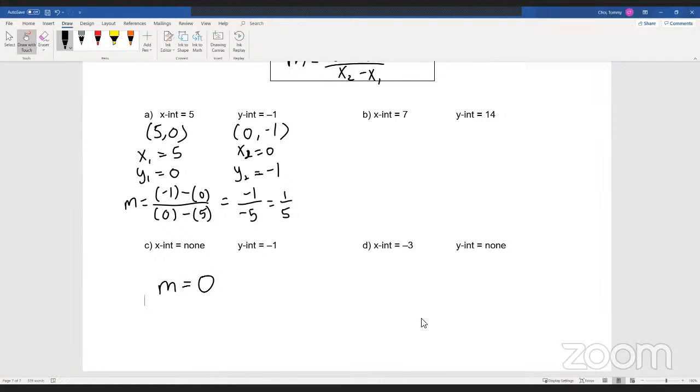It's a flat line. And this one here, for question D, the x-intercept, okay, I'm just going to draw this here, and it's saying this point here is 0, -1. For this one here, if we were to graph it, we have the x-intercept as -3, which we can say, oh, that's -3, 0.